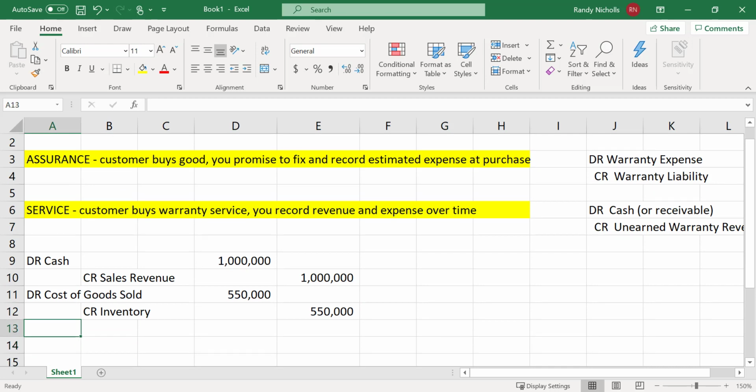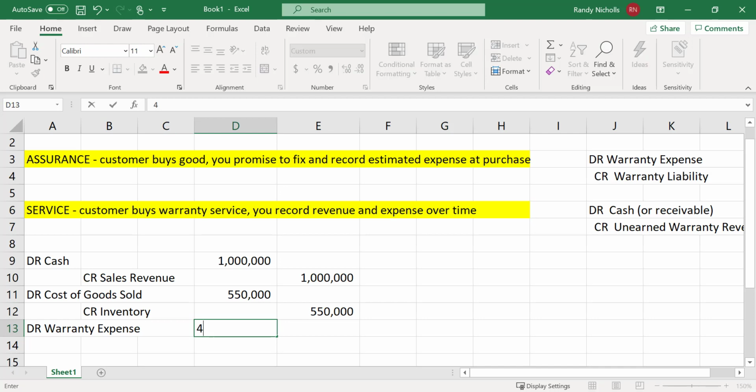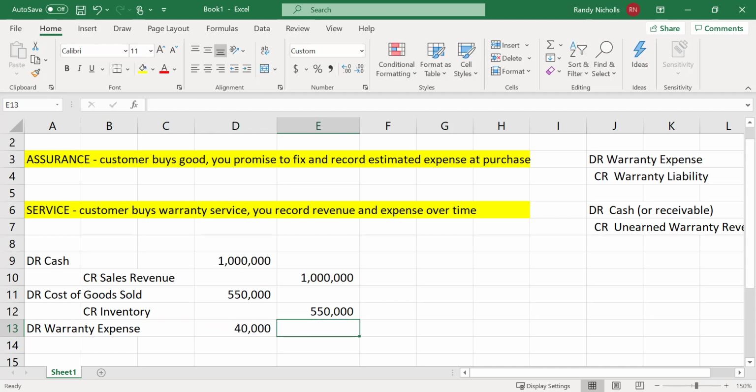The other thing in this, though, is that I expect to spend an additional $40,000 over the next 2 years providing that warranty. So again, for matching, I want to record that warranty expense at the time of the sale so that I can match it against the sales revenue.